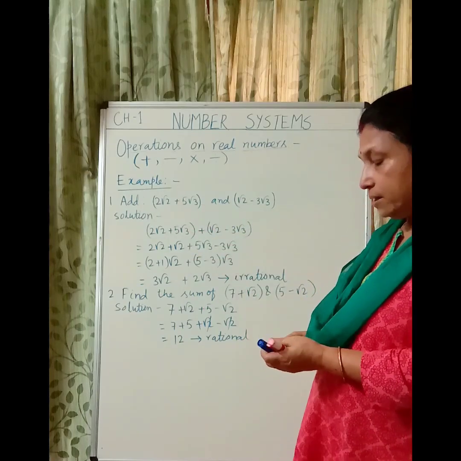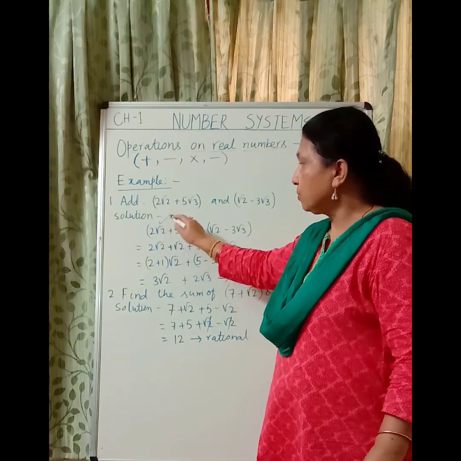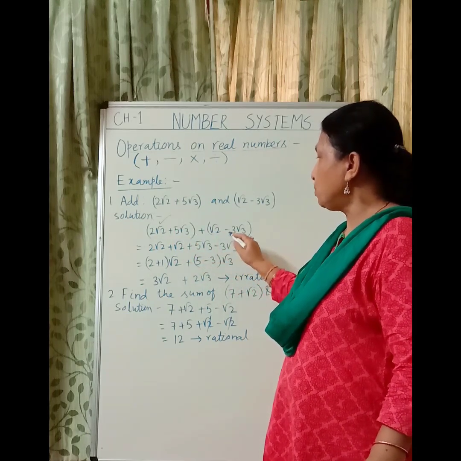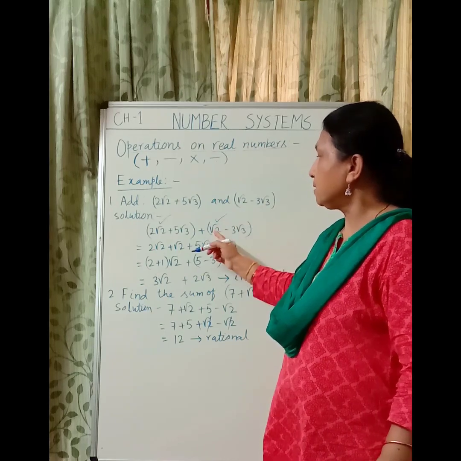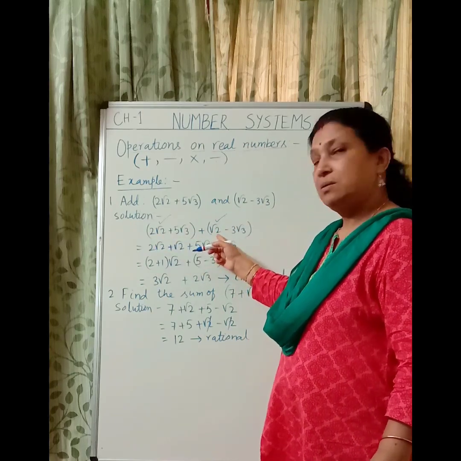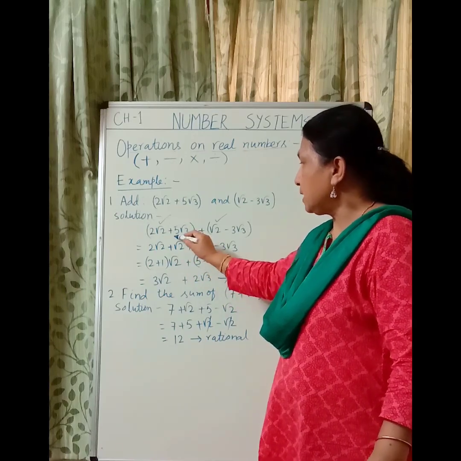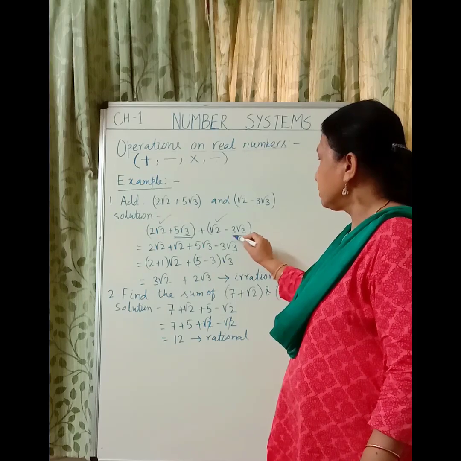By adding, here we have 2 root 2 plus 5 root 3 plus root 2 minus 3 root 3. We collect the same irrational numbers together, 2 root 2 plus root 2, then plus 5 root 3 minus 3 root 3.